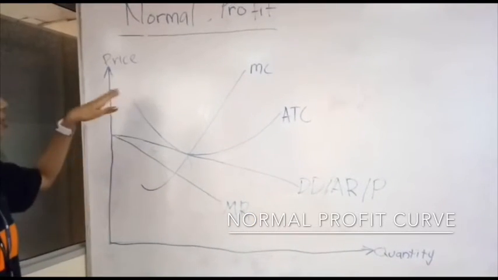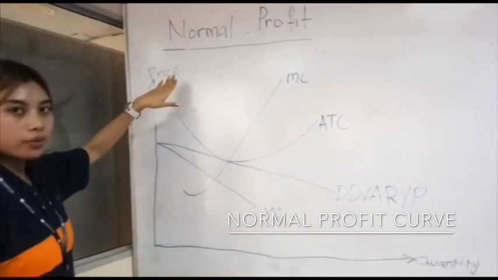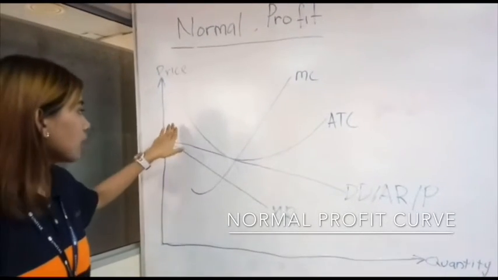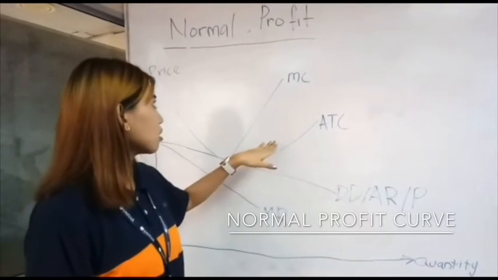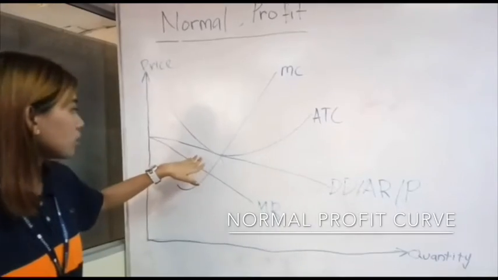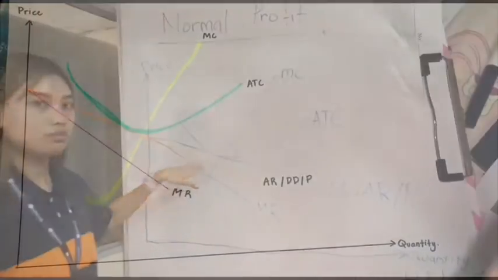Why is this called the normal profit curve? Because the ATC line is on the profit line.